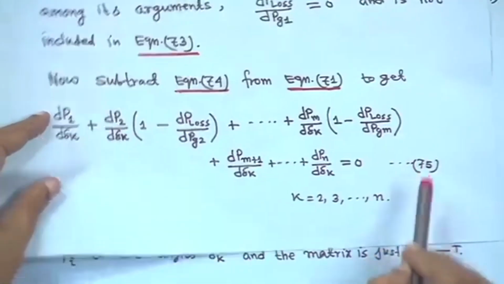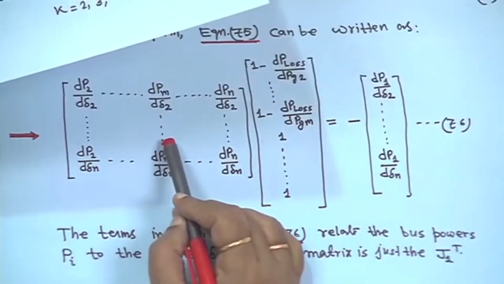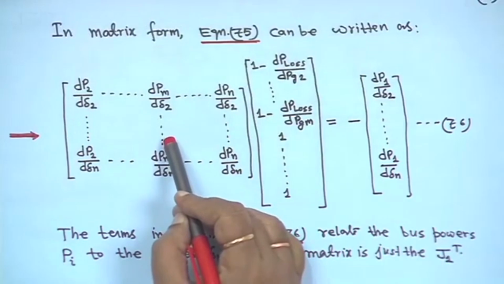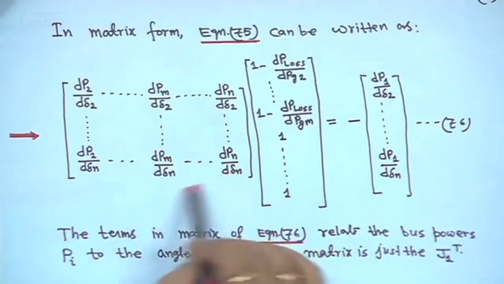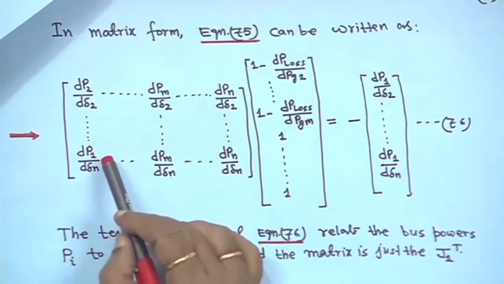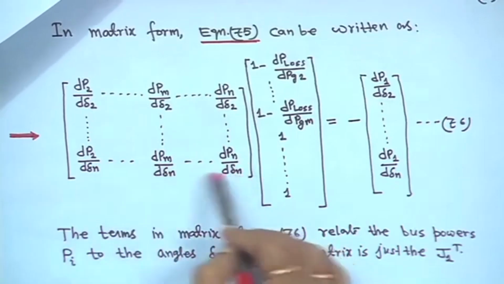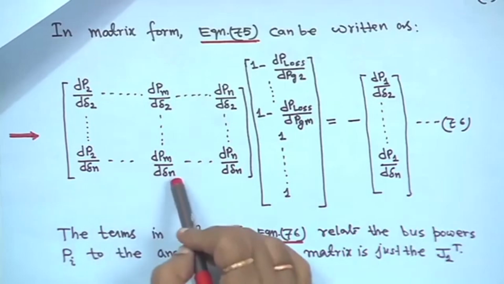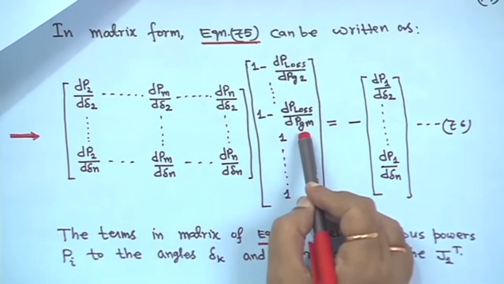This is actually the Jacobian from the load flow studies we have done, where J1, J2, J3, J4 matrices are there; basically this one is J1 transpose, right. The last one is dP2/dδn up to dPm/dδn, then dPn/dδn. If you do like this up to the mth term, it is fine.